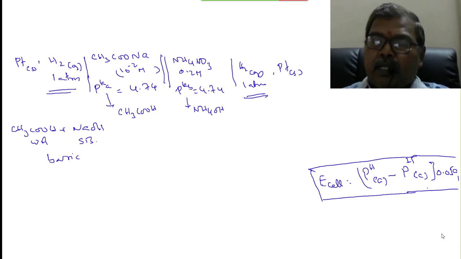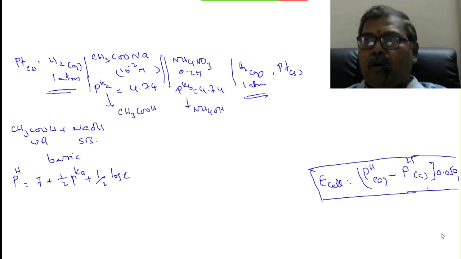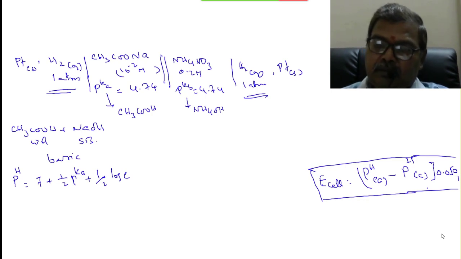But in the ionic equilibrium topic we derived the equation to find out the pH of a salt solution. What is the formula used to calculate the pH of a salt solution? pH is equal to 7 plus half pKa plus half log C. This is the formula used to calculate the pH of a salt of weak acid and strong base.